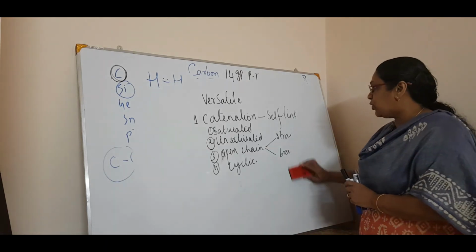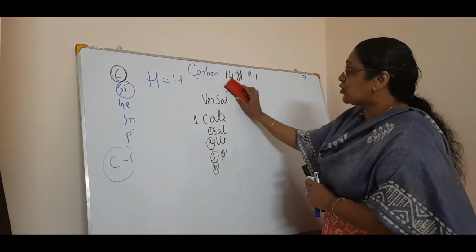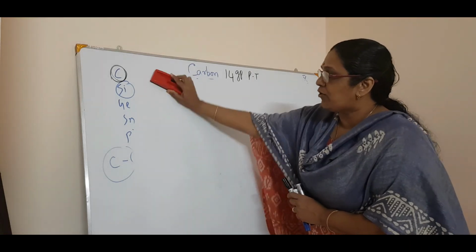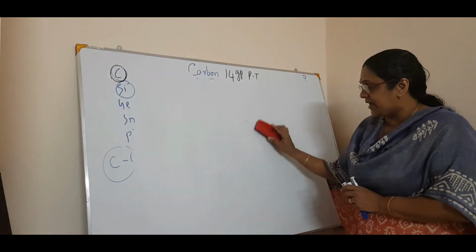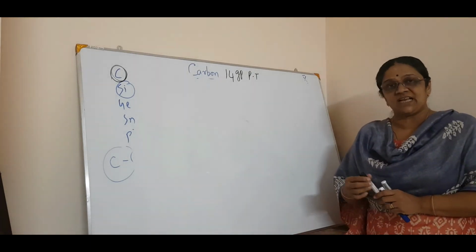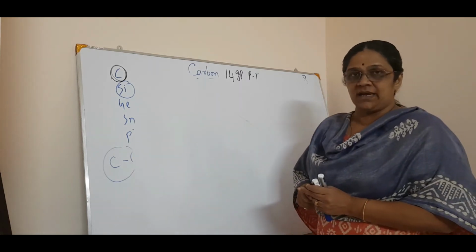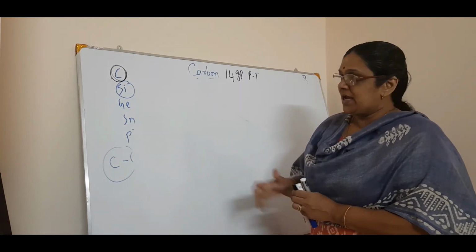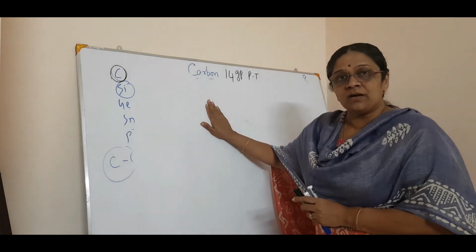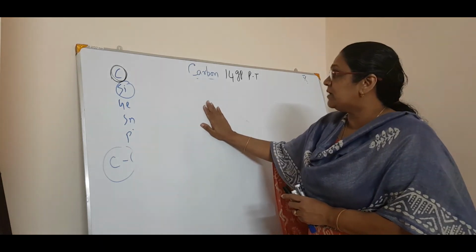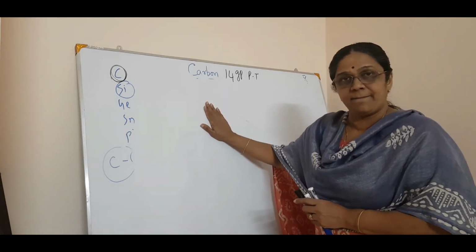So today we have studied what all? We have studied the allotropes of carbon. Now what is allotrope? Allotrope means same chemical property but different physical property. Different forms of carbon. And then we talked about the versatile nature of carbon.